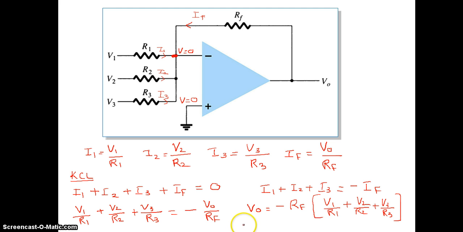Or the same expression I can write by multiplying RF inside: VO is equal to minus RF by R1 into V1 plus RF by R2 into V2 plus RF by R3 into V3. So this is the output equation for a summing amplifier.